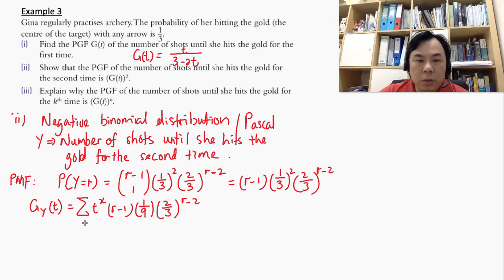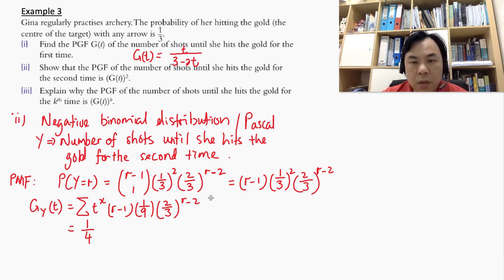So if I do this explicitly, it will look something like this. I try to take out as many variables as possible in this case. So we can take out the 2 over 3 here, so that 1/9 over 4/9 becomes 1 over 4 if I simplify that. And then I will have the t^r. Let me see here, am I using an x or r here?